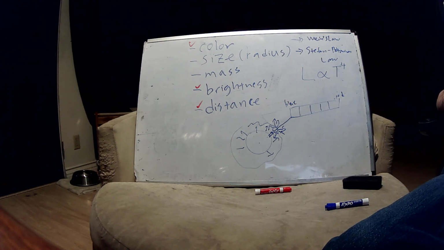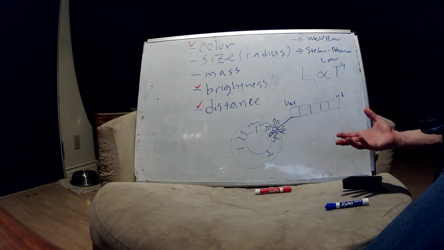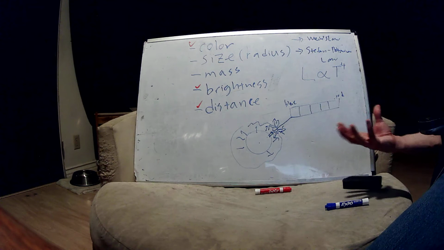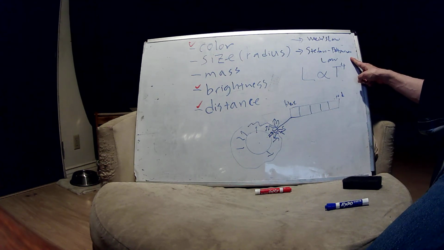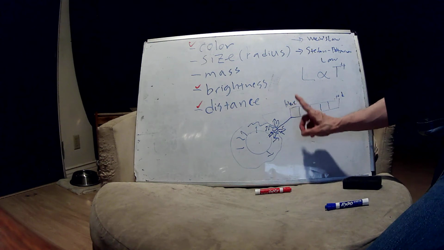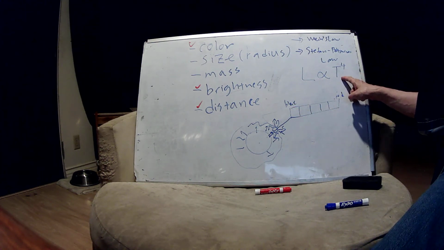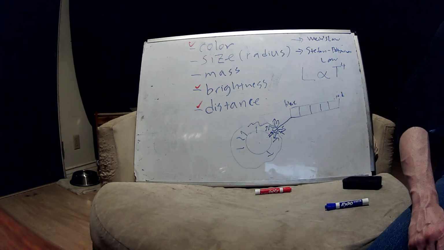So let's talk about the size or the radius of stars. Now we already said before that according to Wien's displacement law a bluer star is hotter, right? And that's something we all have experience with. Obviously the hottest part of the fire is the blue part, right? But also, the Stefan-Boltzmann law says that for an object to have a bluer color also means, because it has a higher temperature, it's going to give off a lot more light per unit area, right?